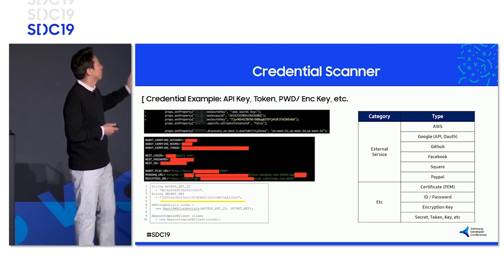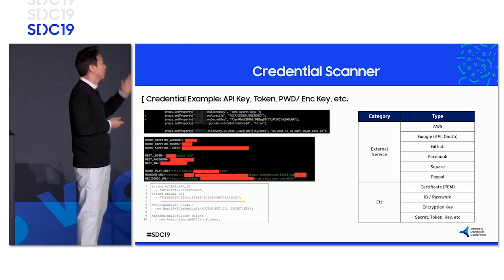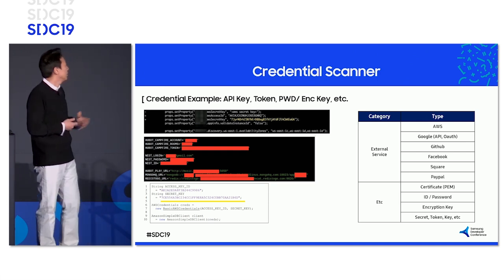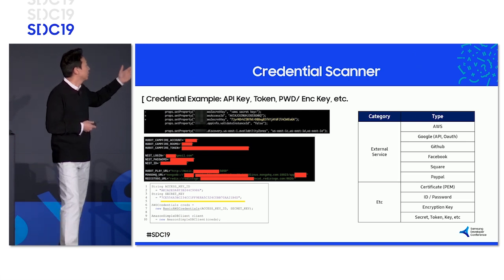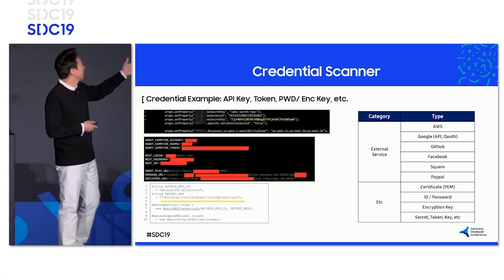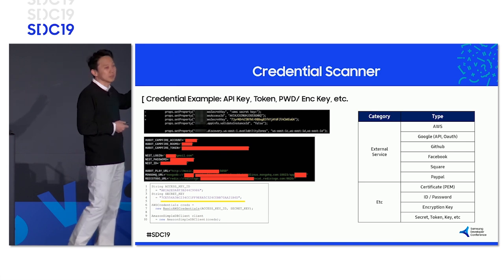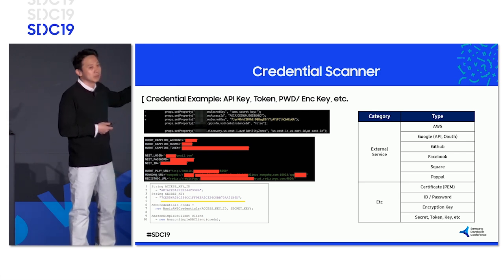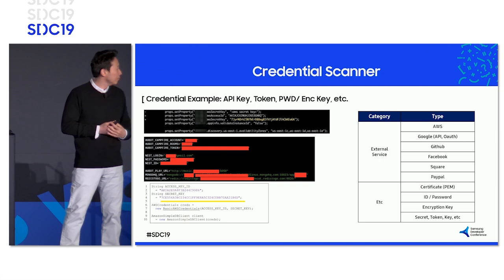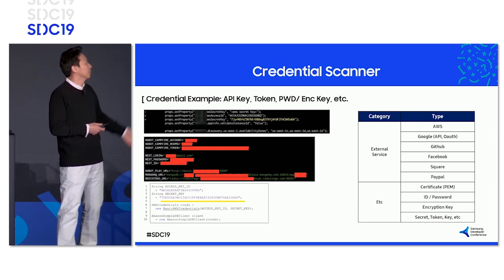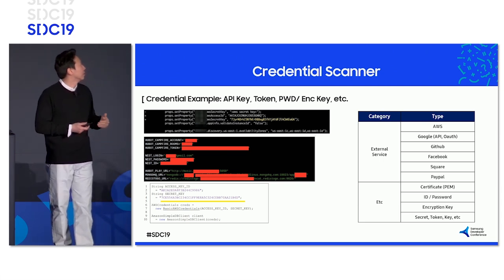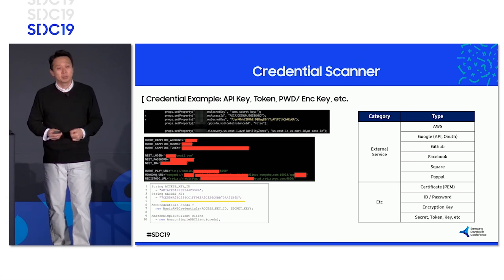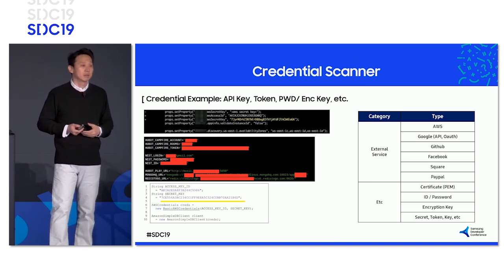So we can check by regular expression that this is an Amazon token. In this case, there is also credential information like an email address and password, ID, something like that. So we can also check that this is credential information. Those are the mechanisms we use to detect API keys, tokens, passwords, cryptographic keys, something like that.